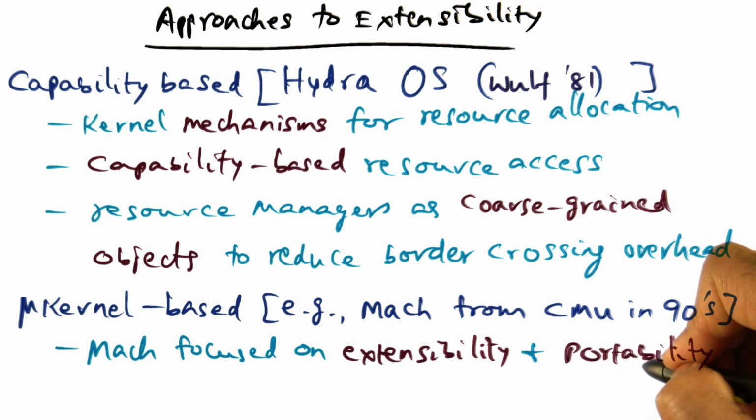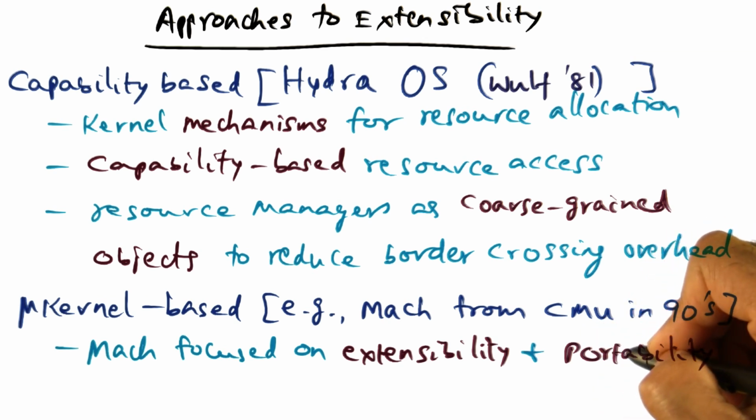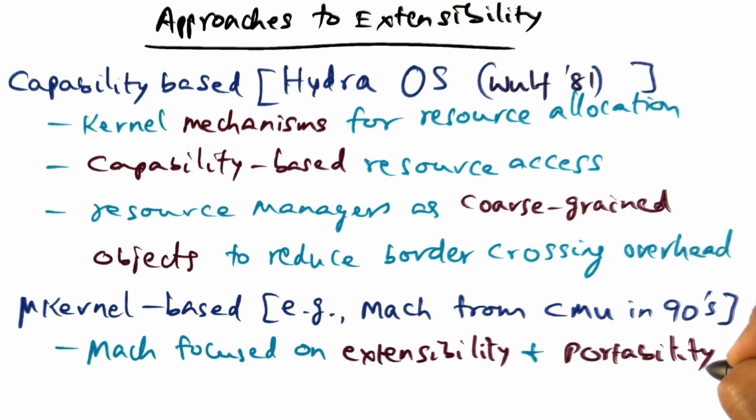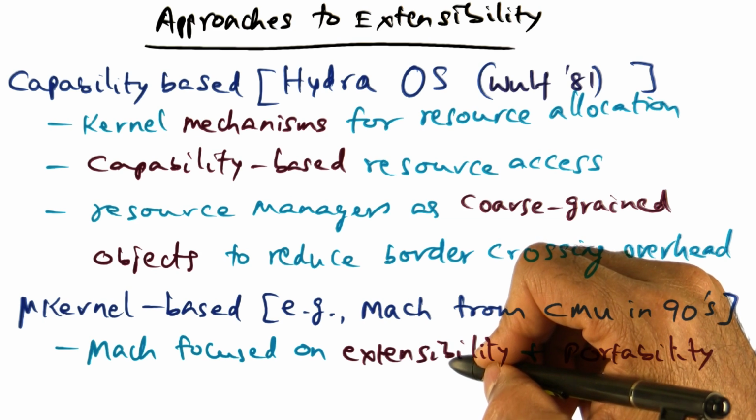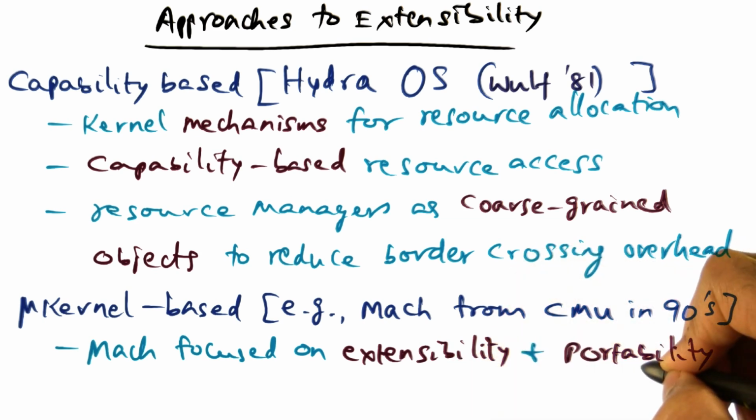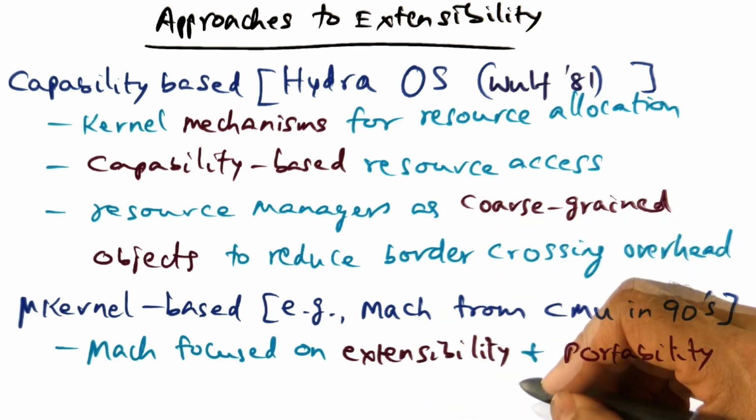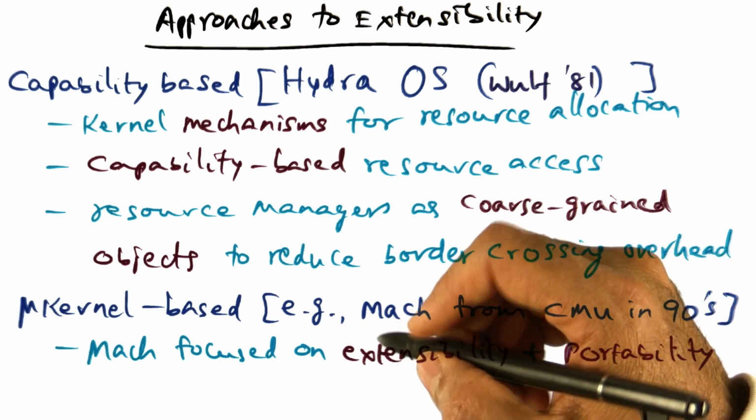Performance took a backseat because Mach was very much focused on making the operating system portable across different architectures in addition to paying attention to extensibility. And this, unfortunately, gave a bad press for microkernel-based design because it focused on these twin goals of portability and extensibility, allowing performance to take a backseat.